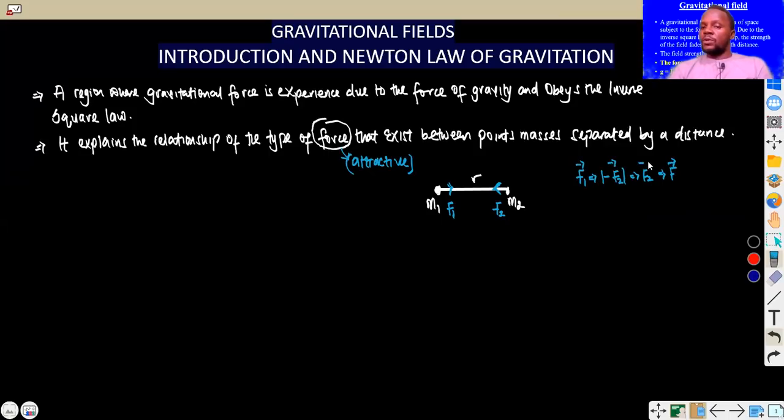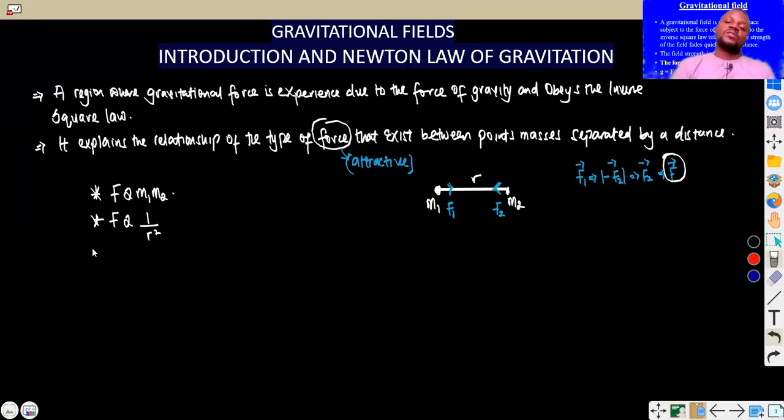I believe you have studied these in early classes, and what he stated was that the resultant force that exists between these two equal and opposite forces is given in two conditions. He said the force is directly proportional to the product of their masses, M1 and M2. He also stated that the force is inversely proportional to the square of their separation, which we call the inverse square law.